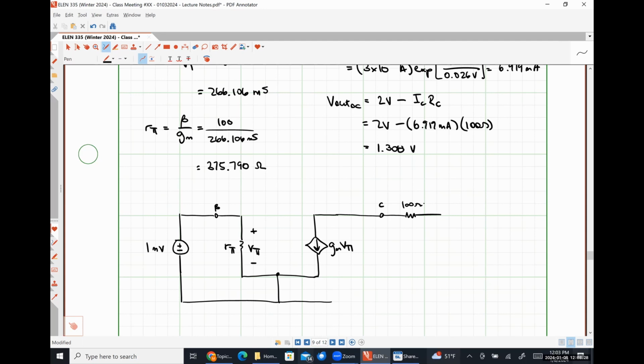What should my 2-volt supply voltage look like in a small signal? So in our small signal analysis, we are going to turn off all of our DC sources, okay? So for every DC voltage source, we're going to replace it with a short circuit. For every DC current source, we're going to replace it with an open circuit.